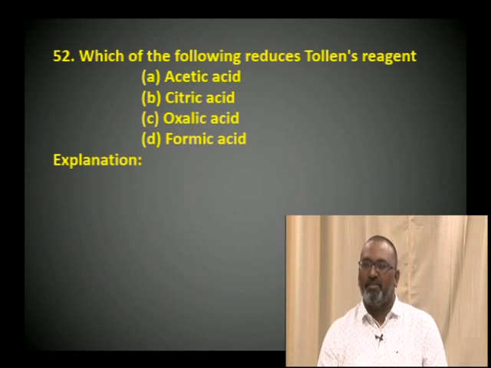Tollens reagent is ammoniacal silver nitrate, which is used to identify aldehydes. When aldehydes are heated with Tollens reagent, a black precipitate or a silver mirror will be produced. So only the compounds having an aldehydic group will show this reaction.